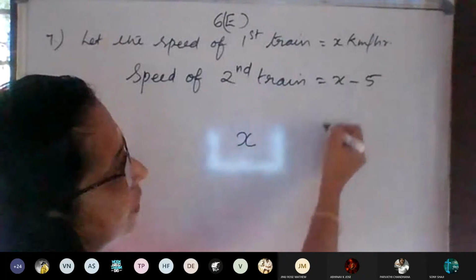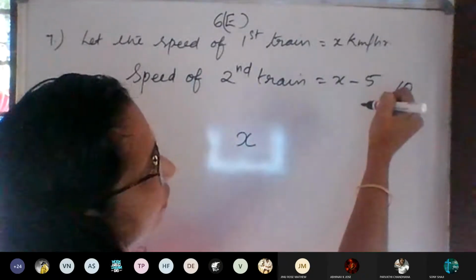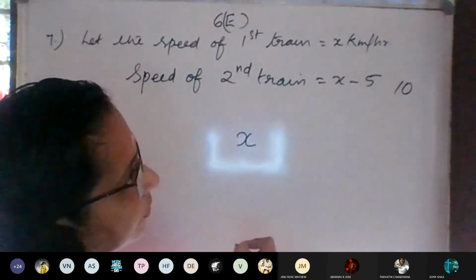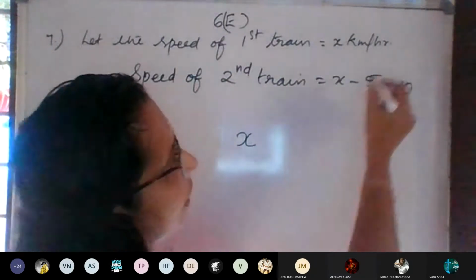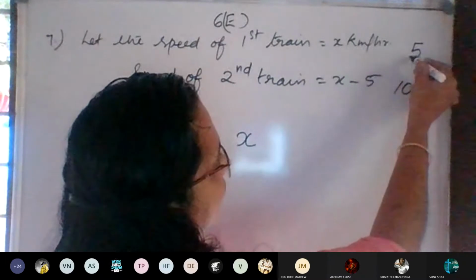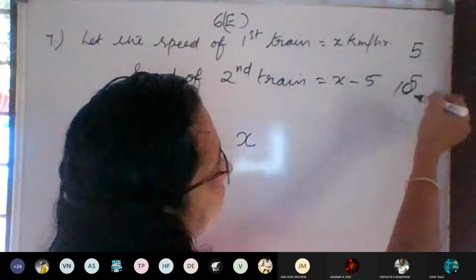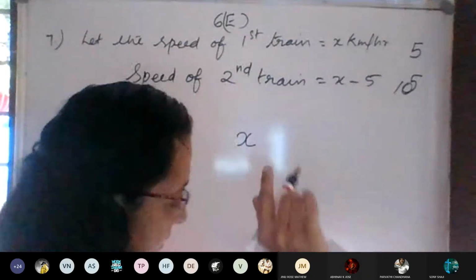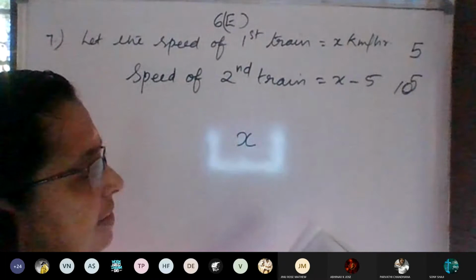Understood, no? Suppose the second train is 10, what will the first train be? It will be 15. That means 5 km faster. If it is 15, the second train is 10. Which one is the bigger one? The first train is faster. 15 minus 5 is 10. The first train travels 5 km faster than the second train.